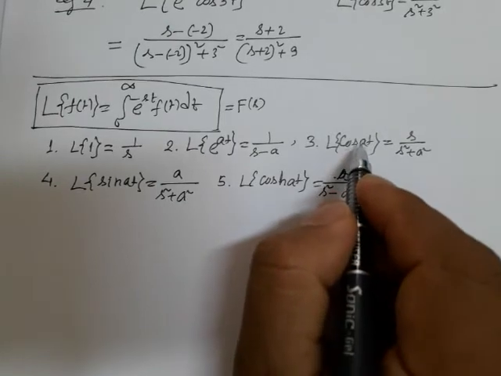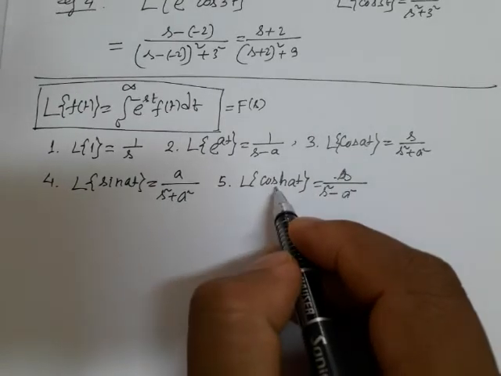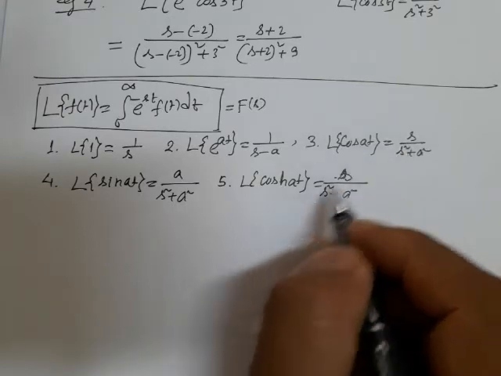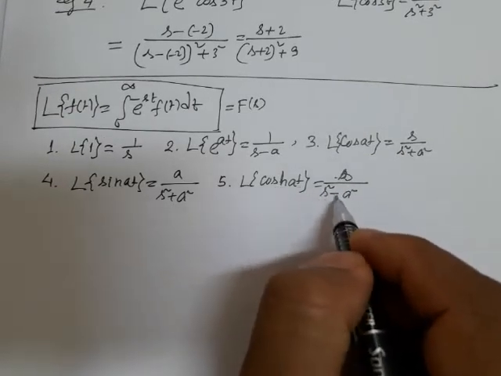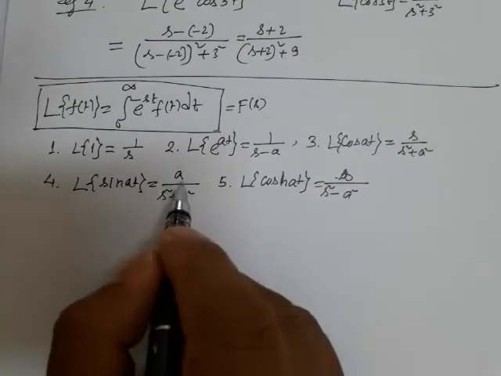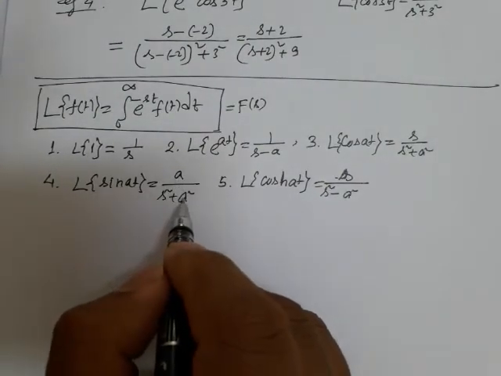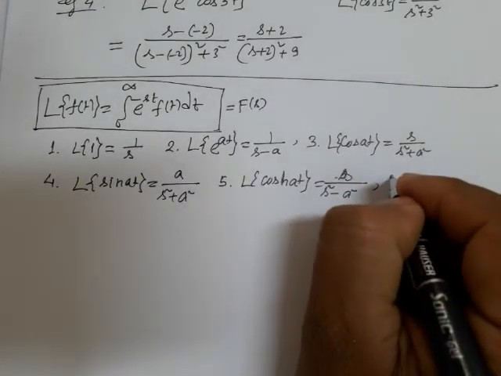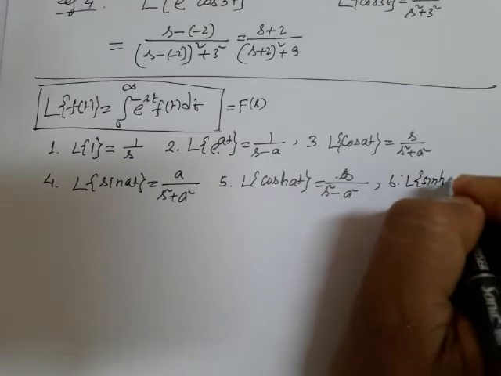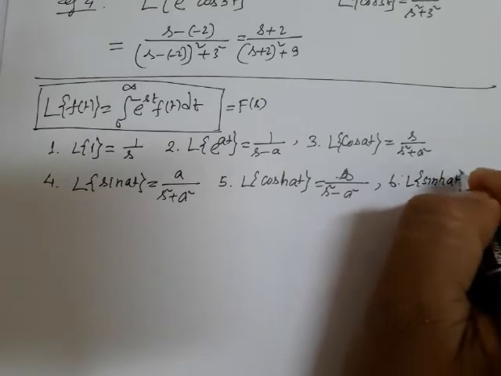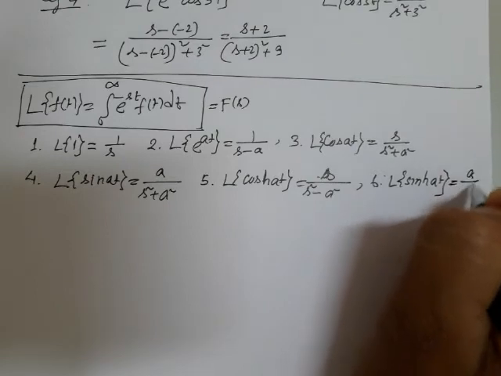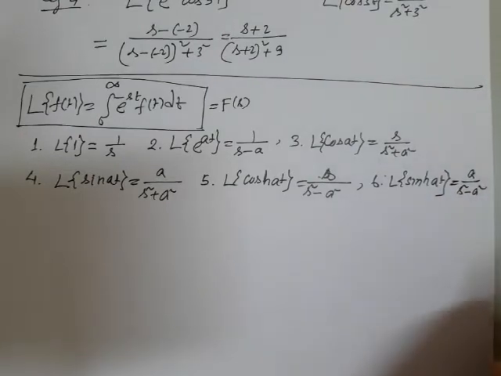So the difference between the trigonometric function and hyperbolic function is that for trigonometric function here it is plus, and for hyperbolic function it is minus. Okay, similarly for trigonometric function it is a by s square plus a square, and for hyperbolic function sin h at, sin h represents the hyperbolic function, it will be a by s square minus a square.